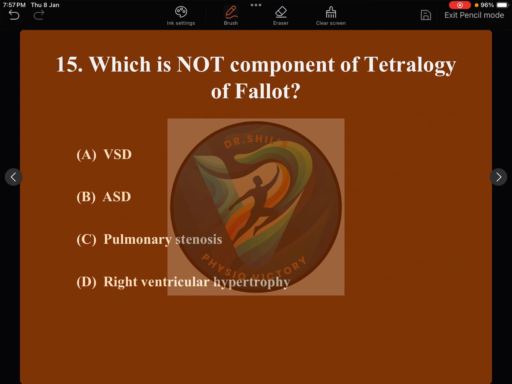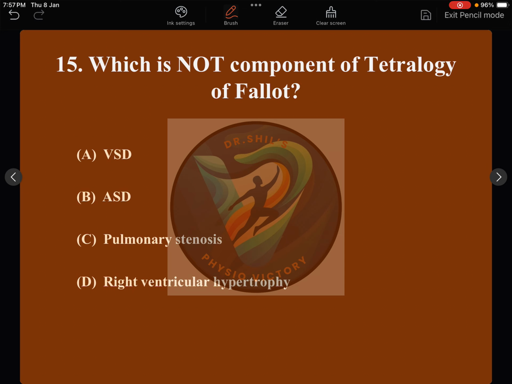Next come to question number 15, which is not component of tetralogy of Fallot. Option A VSD, option B ASD, option C pulmonary stenosis, option D right ventricular hypertrophy.